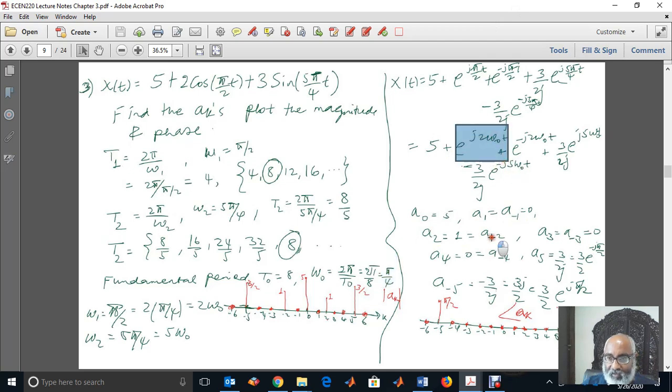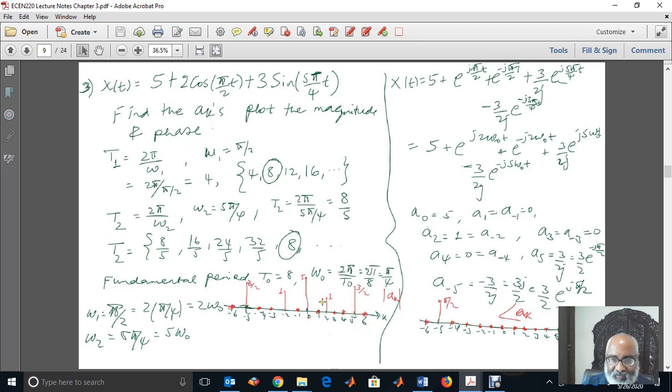It is 1, the same as a minus 2. Okay, a minus 2 is the coefficient of e to the power of minus j 2 omega naught t. A3 and a minus 3 are 0. A4, a minus 4 are 0. And a5 is 3 over 2j, and we write it in polar form, 3 over 2 times e raised to minus j pi over 2.